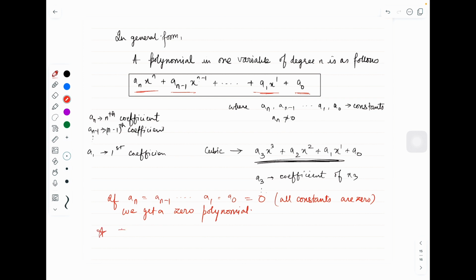The important point is the degree of a zero polynomial is not defined. Understood? The degree of a zero polynomial is not 0. The degree of a zero polynomial is not defined.